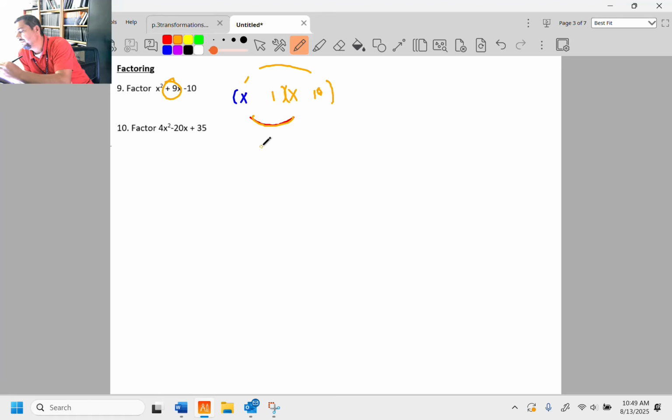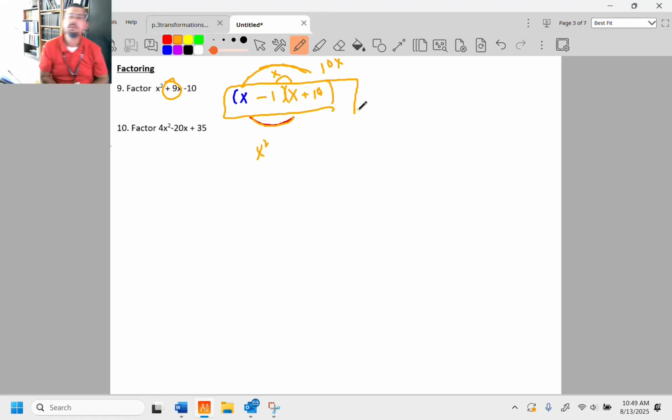The inside still creates x squared. The outside is creating a 10x, and this inside is creating an x. Can I get to a positive 9 with a 10 and a 1? I can, if I make the 1 negative and the 10 positive, because 10 minus 1 is positive 9. So that is therefore how it factors. Factors is x minus 1 times x plus 10.